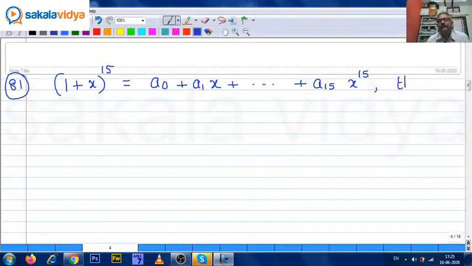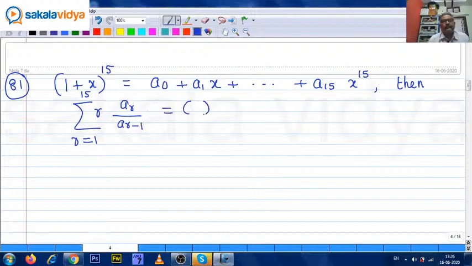Then sigma r is equal to 1 to 15 r times ar upon ar minus 1 equals. Here first option is 110, second option is 115, third option is 120, fourth option is 135.